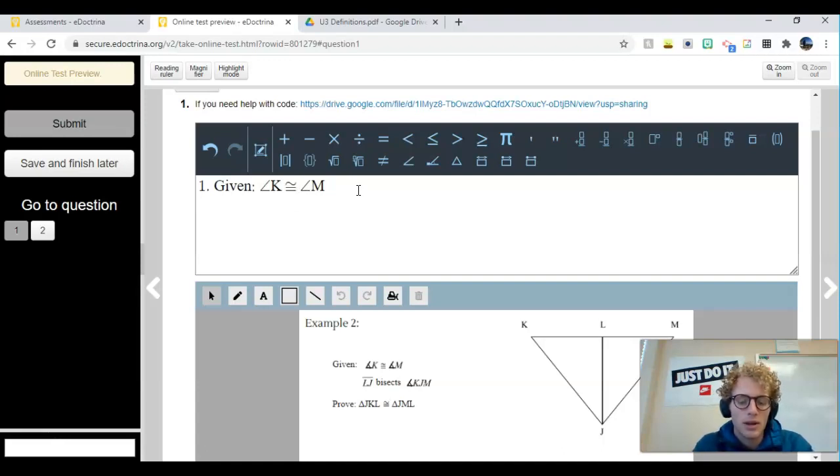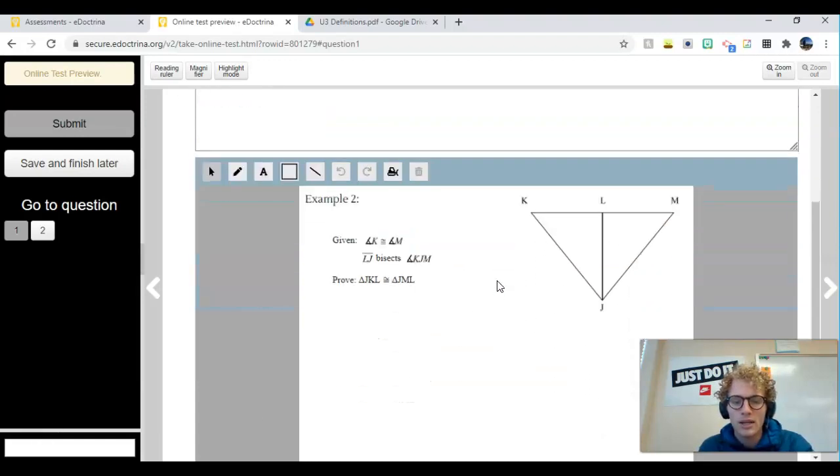I can't. Okay, so my theorem is I'm going to see that I have two congruent angles. So once I have two congruent angles, I can come down here, put the theorem to the side for now, and I'm going to draw on my diagram that angle K is congruent to angle M.